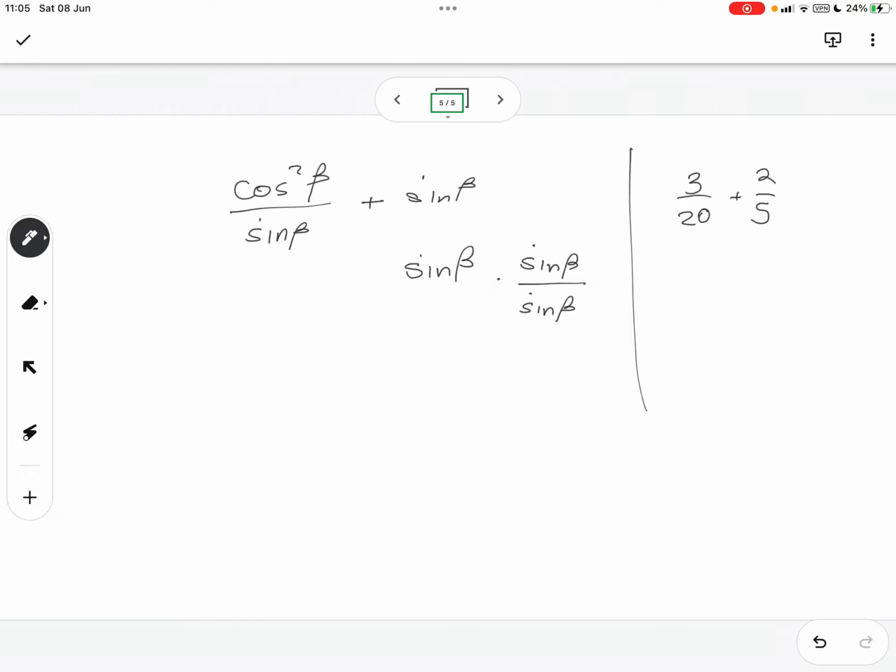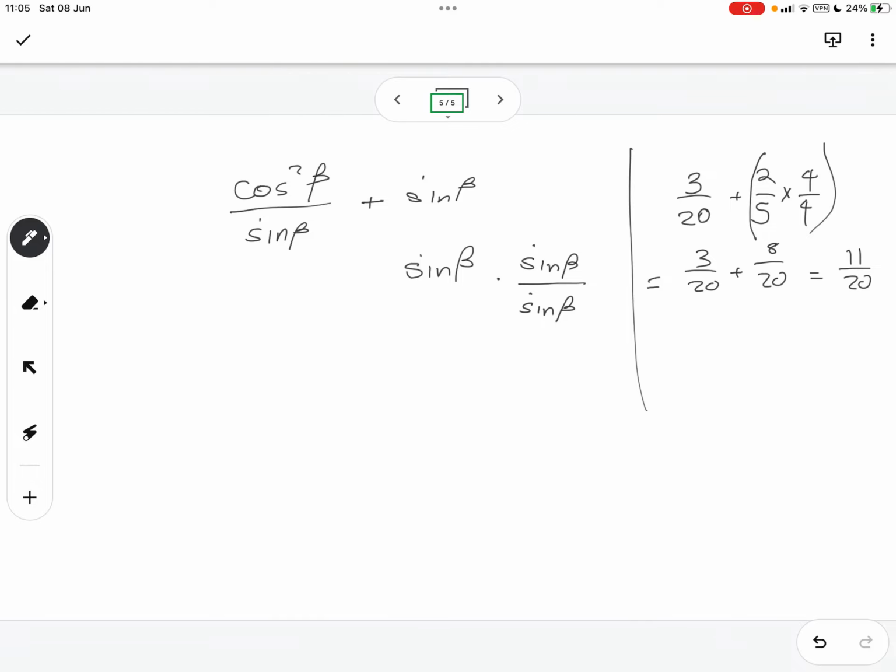This is 3 over 20 plus 2 over 5, right? I want this 2 over 5 to have the same denominator as this one that has 20. I can multiply 2 over 5 by 4 over 4. I didn't really change it. I'm just manipulating it so that this denominator can be the same, then I can add.